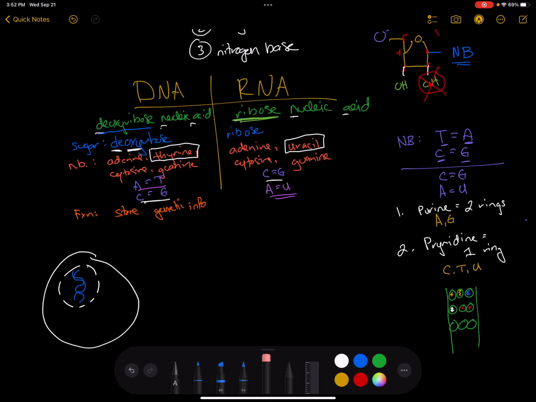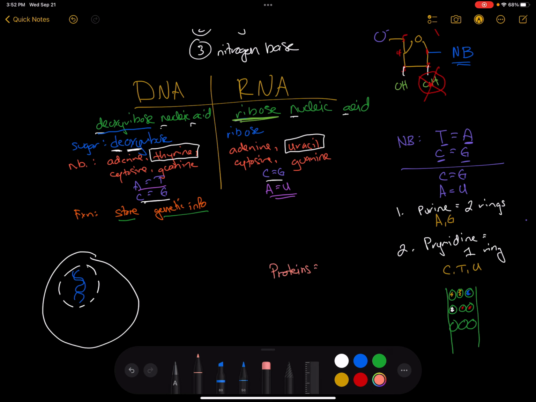Now, to go back to this, we know that DNA stores genetic information. But what is that genetic information actually doing? It's building a living organism. And what's the thing that builds living organisms? Well, those are proteins, right?